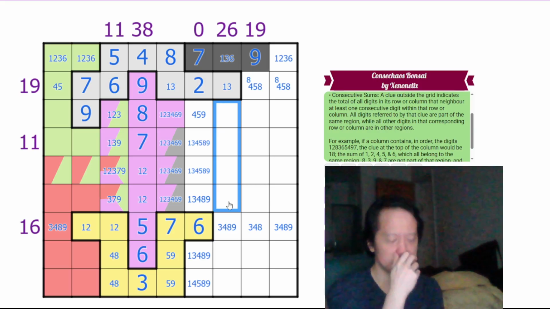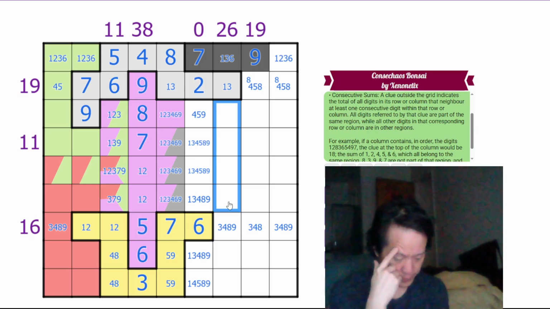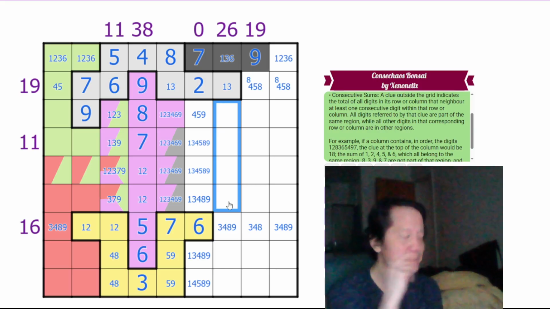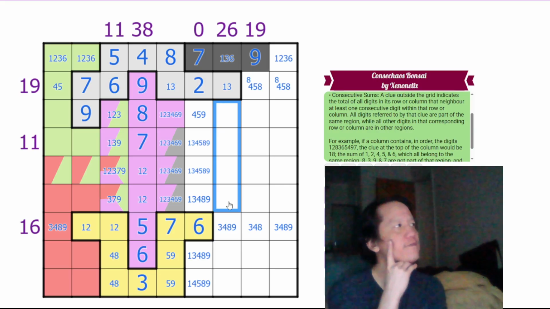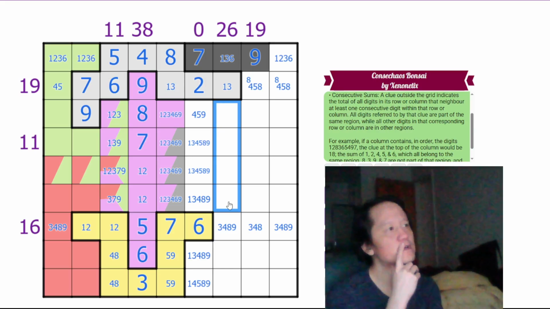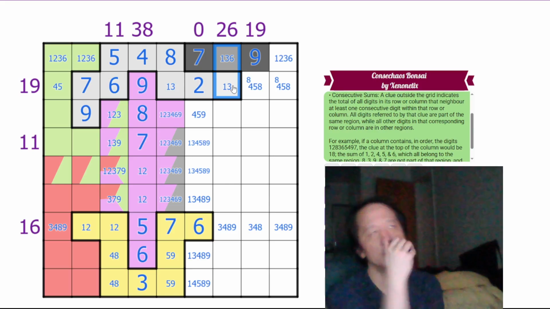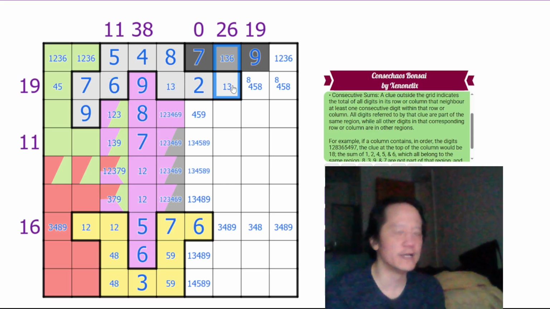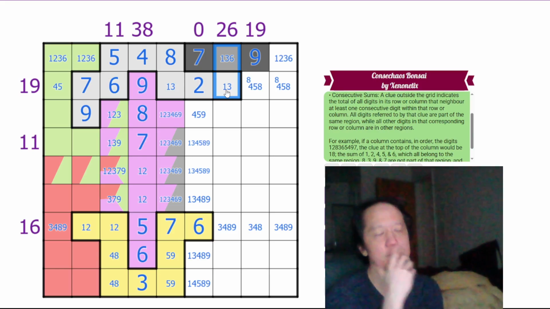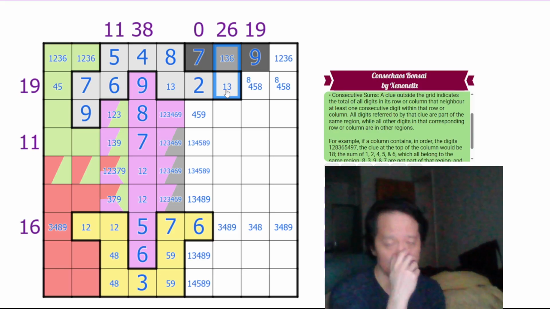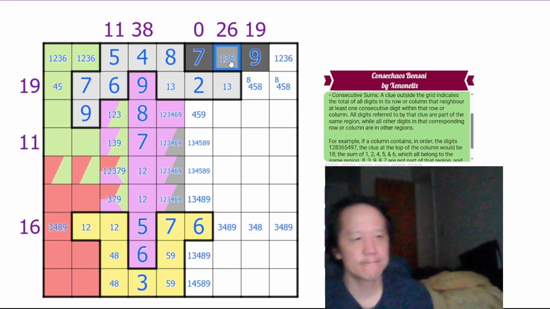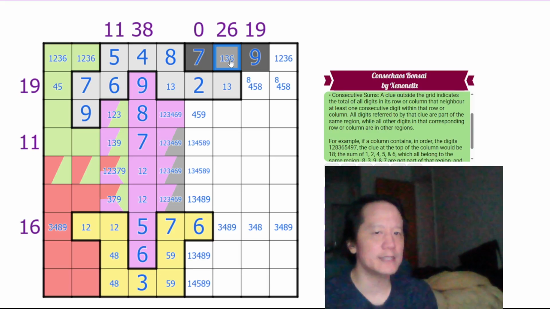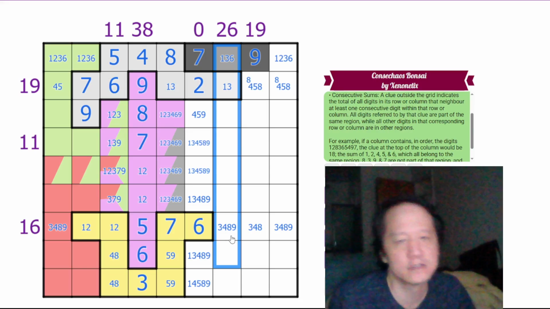If the combinations are there again, 5, 6, 7, 8, that would force this to be a 1, 3 pair. 4, 5, 8, 9, that doesn't restrict anything about these digits. And 2, 3, 4, 8, 9, which would force this to be 1 and this to be 6. So we know 8 has to be in the region designated by the 26.